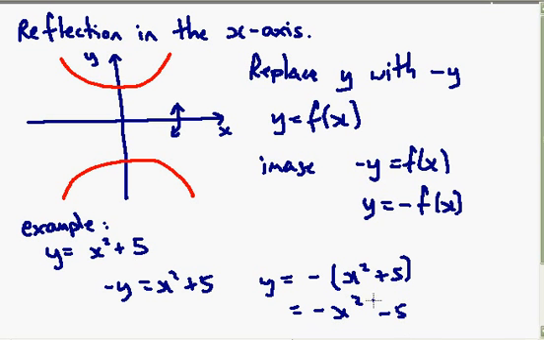So the intercept has changed. It has gone from being 5 on your graph to minus 5. And the happy face of x squared has gone and become minus x squared, which creates that sad face. So that's how it works with those two types of reflection.